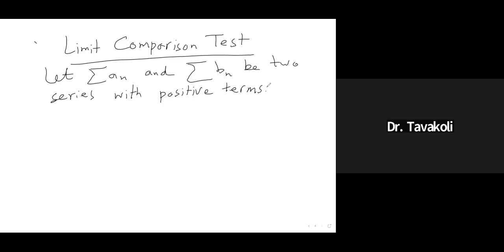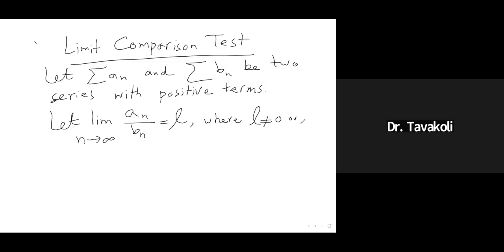As the name suggests, here we find the limit, but the limit of what? The limit of the general terms. Let the limit of an over bn as n tends to infinity be L, where L is neither 0 nor infinity.